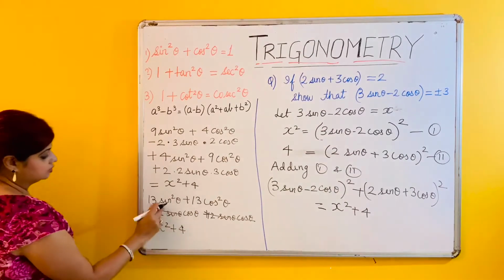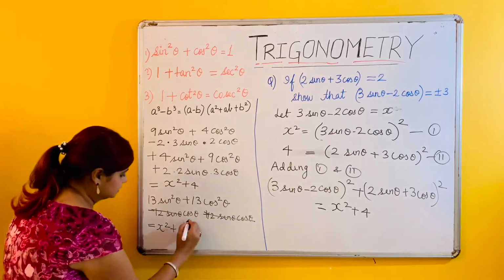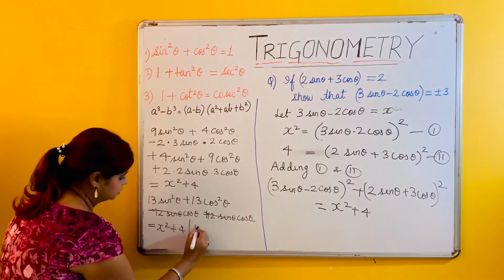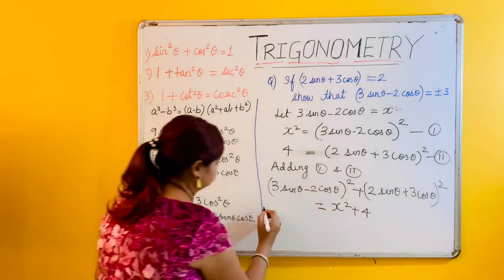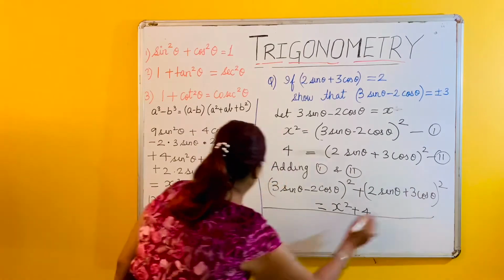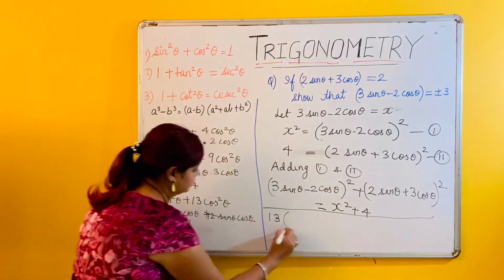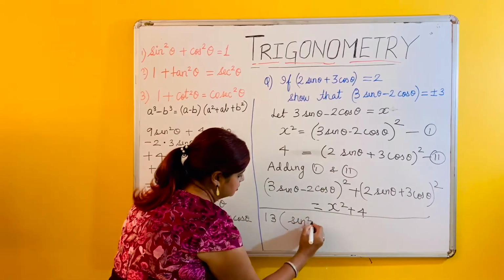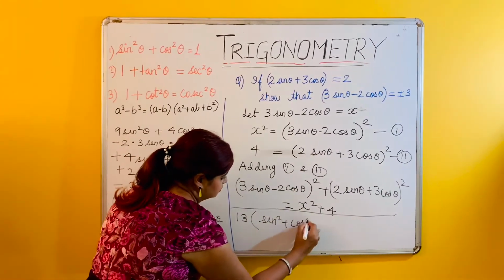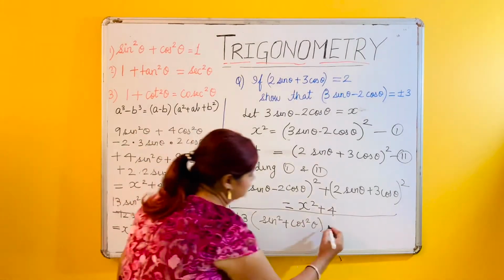Now this can be simplified again. Taking 13 common, it is 13 times sin square theta plus cos square theta, and what is remaining is x square plus 4.